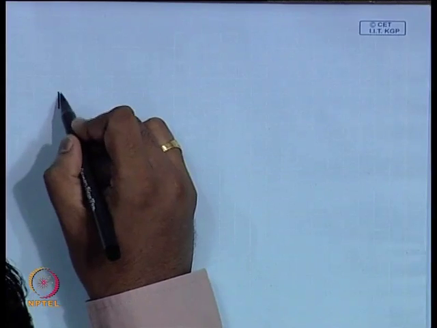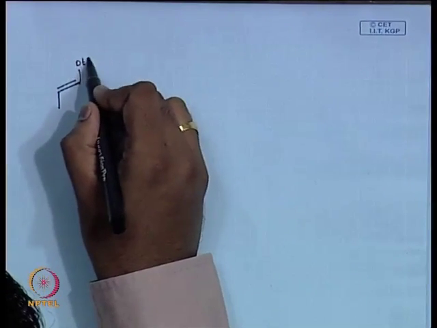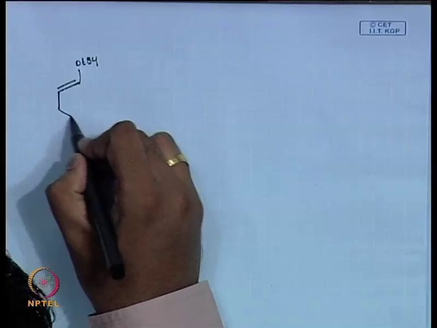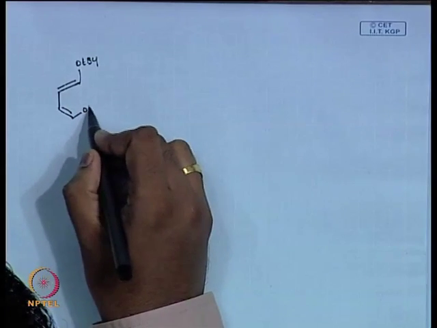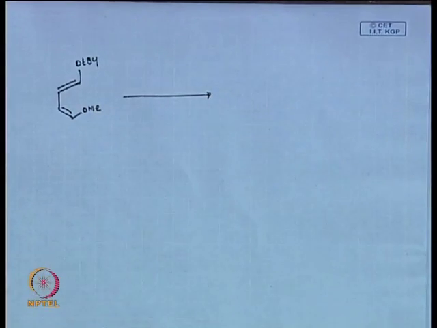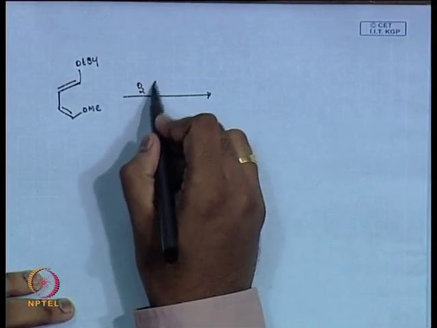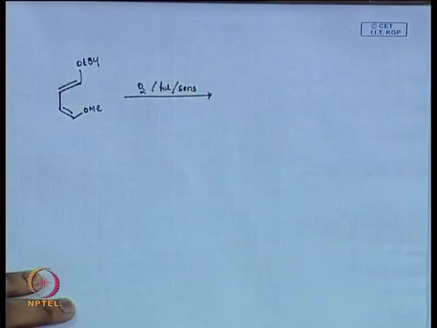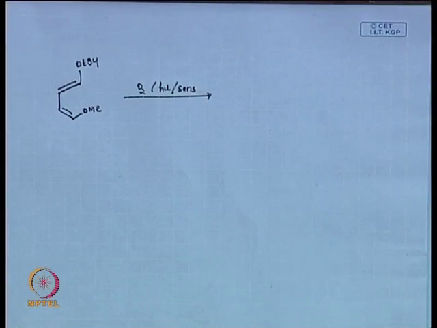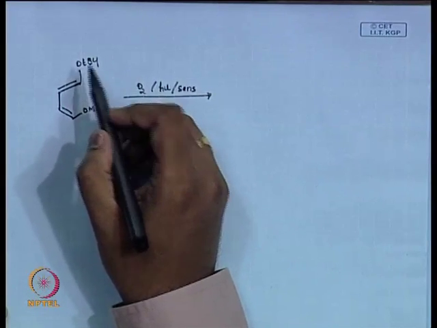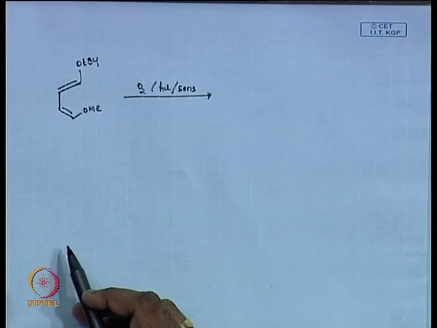For example, if you take this type of system, what can you think in this case? Oxygen photolysis, sensitizer, O-tertiary butyl, TBU.